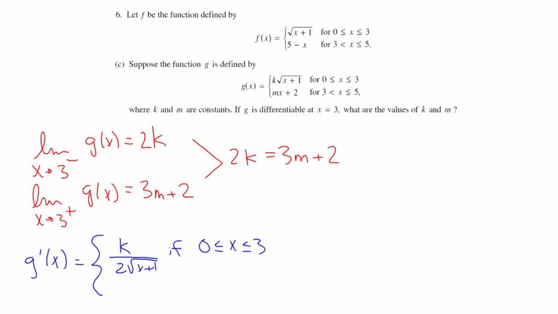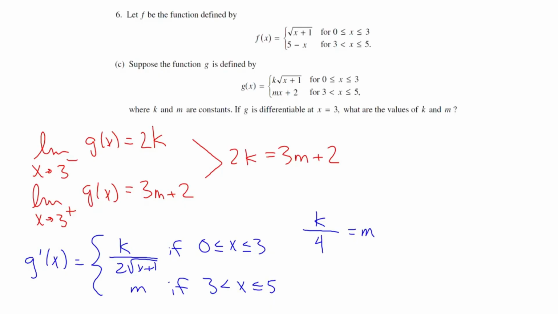And then the derivative of mx plus 2 is just m. So it's m if we're between 3 and 5. And we need those to equal each other at 3. So we need k over 2 times the square root of 3 plus 1, which is just going to be 4. We need k over 4 to equal m.